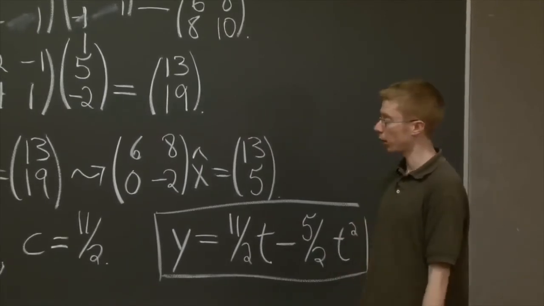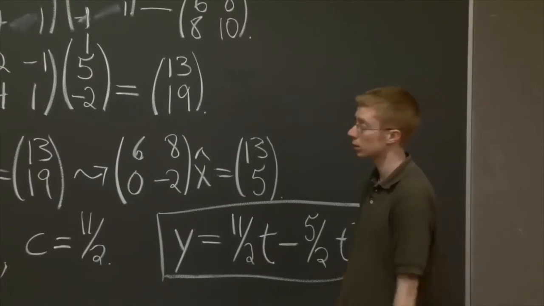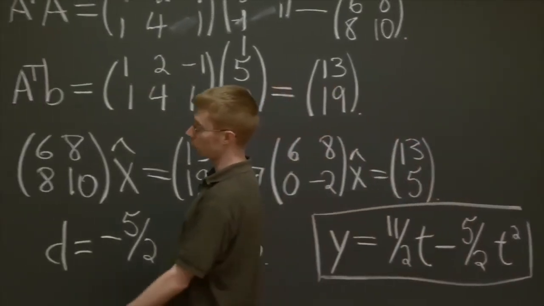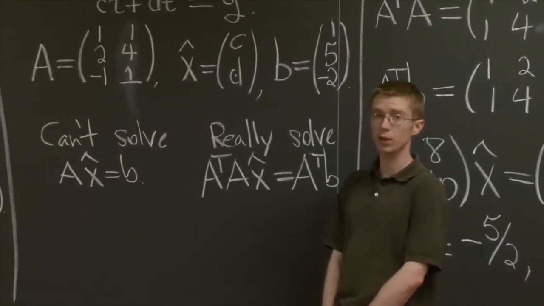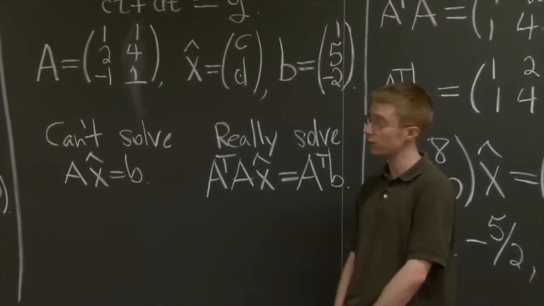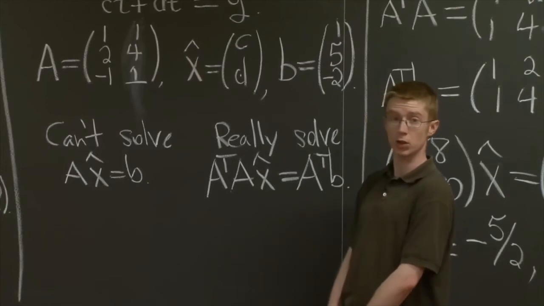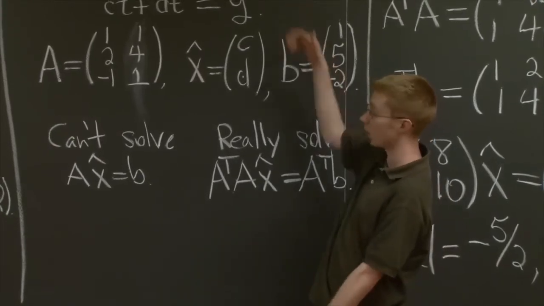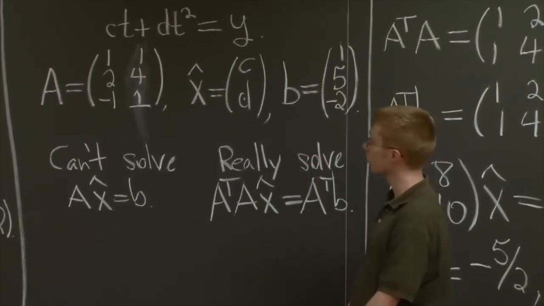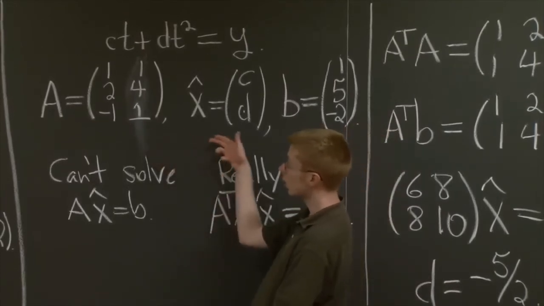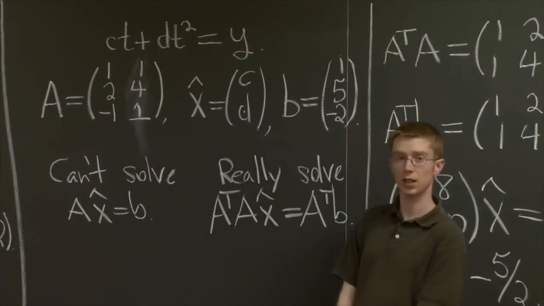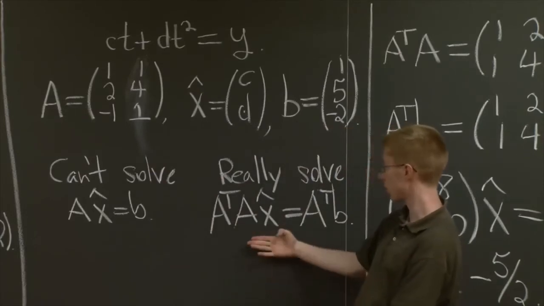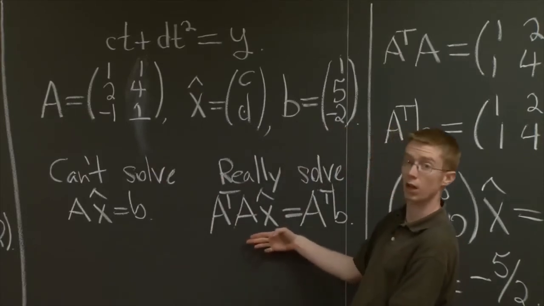Now, before I end, let me do a couple things. First, let me go back and review what the key steps were. Whenever you're faced with such a best fit equation, first you want to see what the general form of the equation is. Next, you want to write it in terms of matrices. Write down your matrix A and your vector B. And lastly, you set up your projection equation.